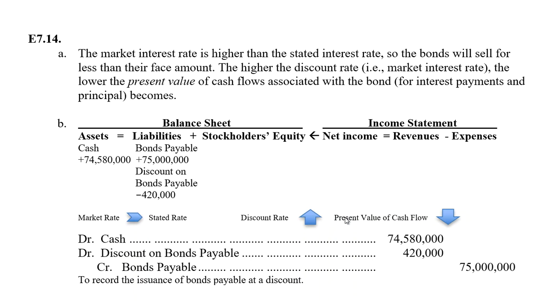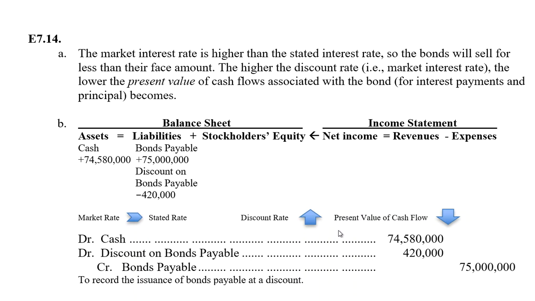So as the market gets stronger, it's going to leave that stated rate behind, and it's going to be more and more of a discount, if you will. Now, if the market rate drops below the stated rate, then oftentimes our bonds will start selling for a premium instead of a discount. That happens less often, but it does happen.